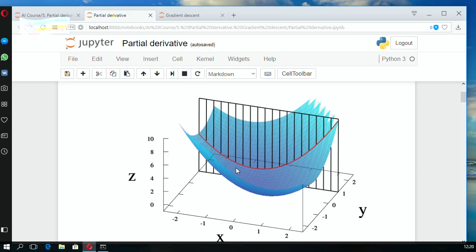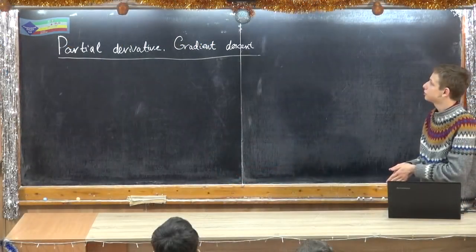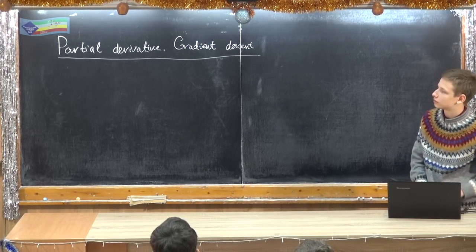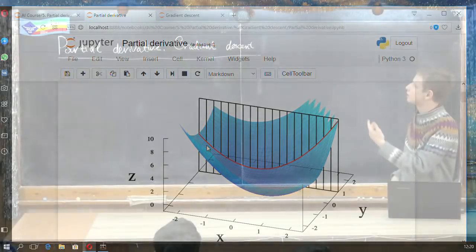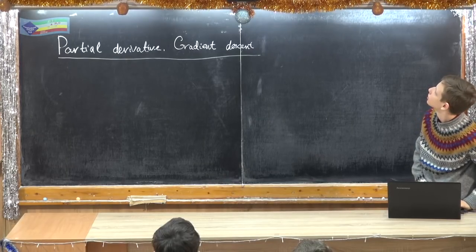So to fit our partial derivatives into usual derivatives, let's first draw such a plane, and let's draw a 2D graph of the intersection of our 3D graph and this plane.